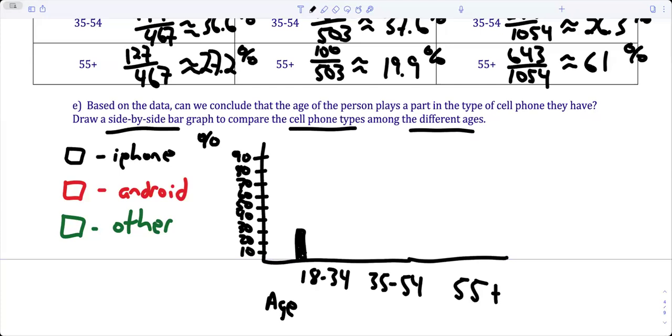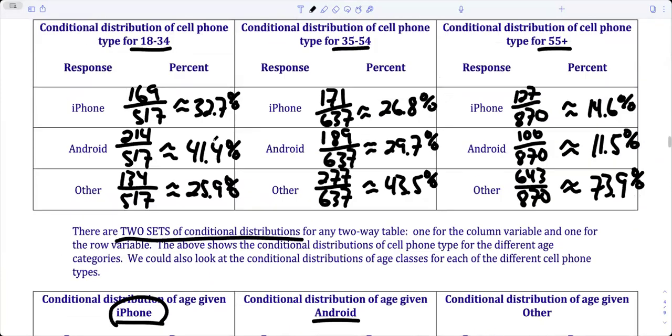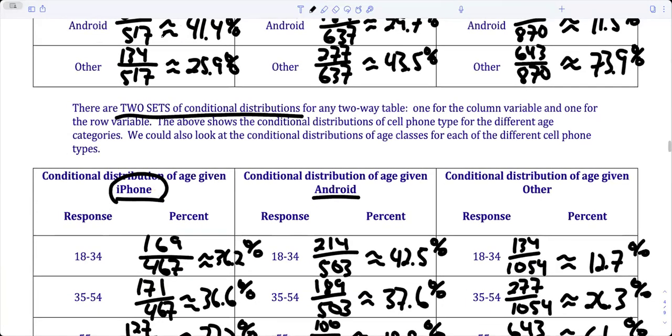And then the Android was 41.4%. I'm going off the top table there, the top conditional distribution, because this is by the ages. So this one was 41.4 and the other was 25.9.